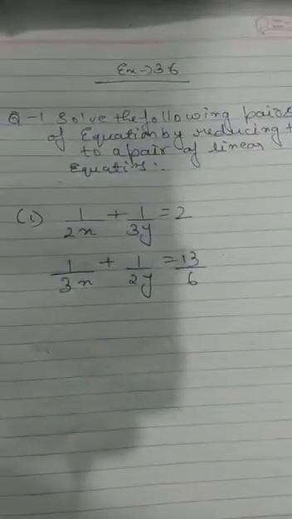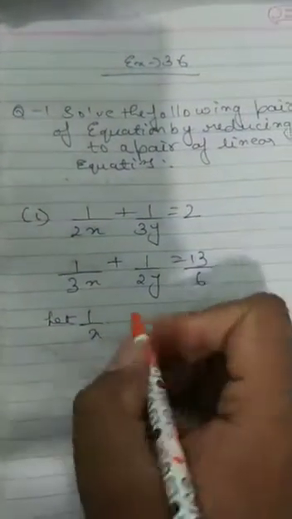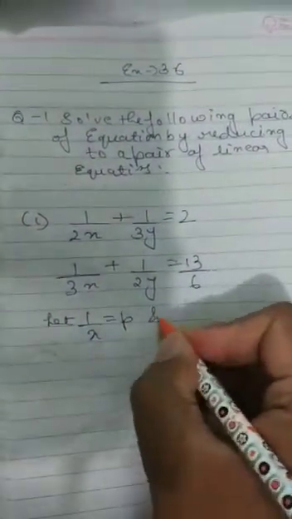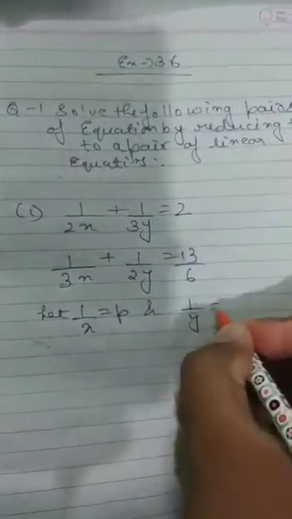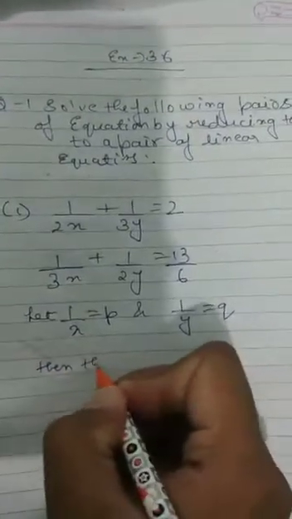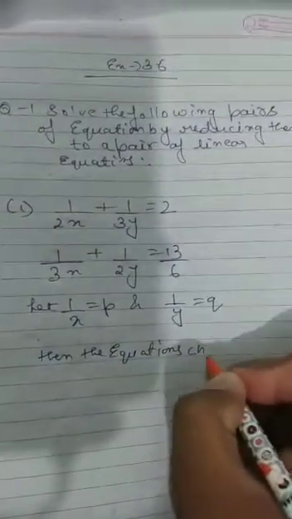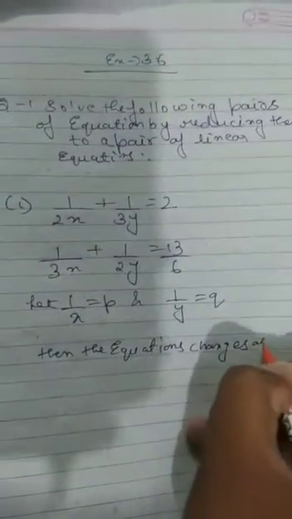In this we have to let 1 upon x be equal to p and 1 upon y be equal to q. Now the equations change as follows.